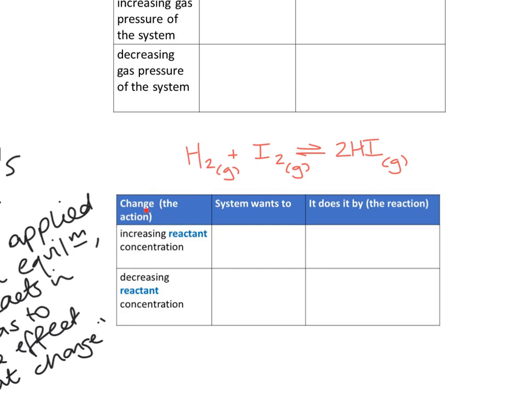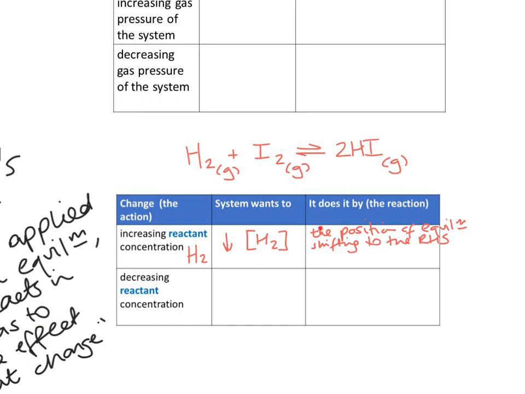Now, if my change is going to be increasing the reactant concentration, and in this case we're going to go with the idea that we increase the amount of H2, then the system wants to basically counteract that change. So it's going to want to decrease the concentration of H2.